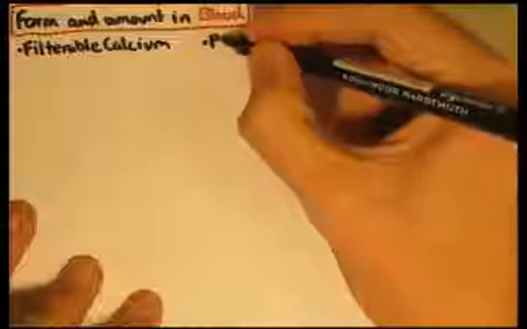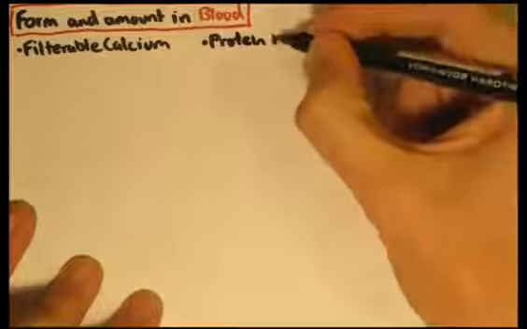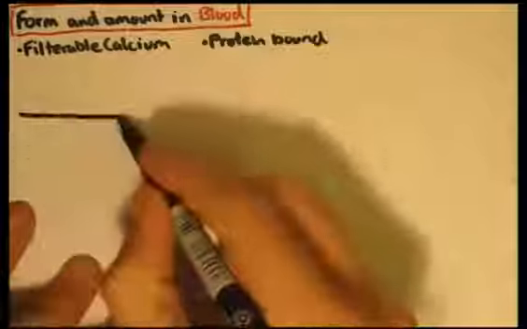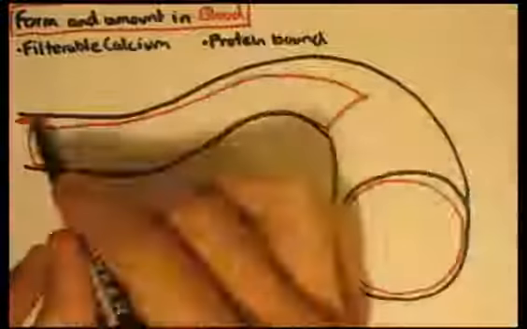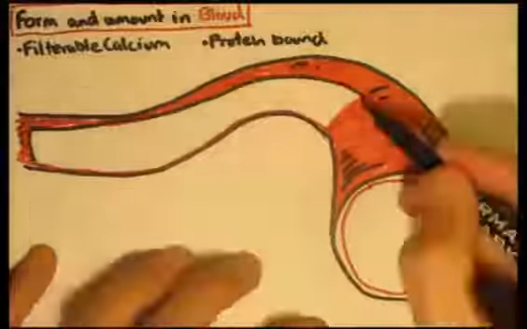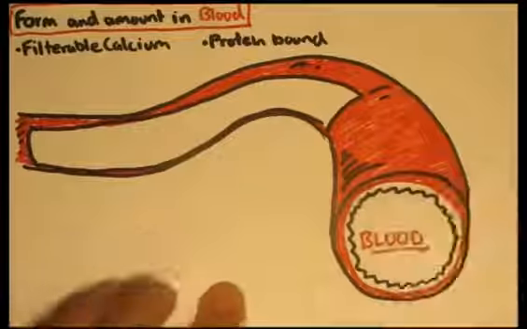For calcium, we have two categories: filtrable calcium, which represents 60% of total calcium in the body, and protein-bound calcium, which represents the other 40%. So I will draw blood vessels to indicate the types of calcium and phosphorus found in the body. This is just an oversimplification.